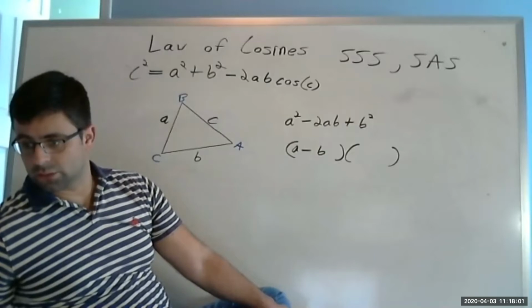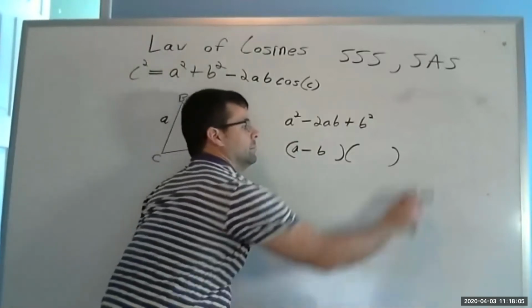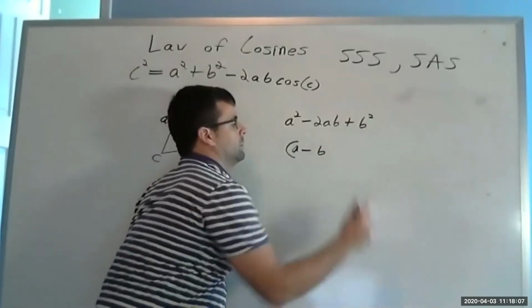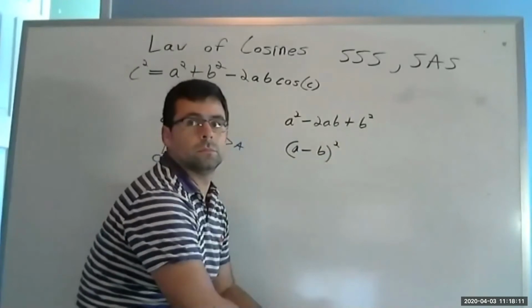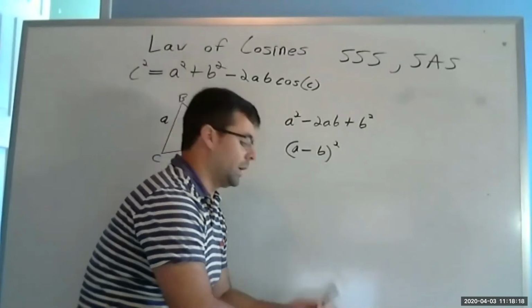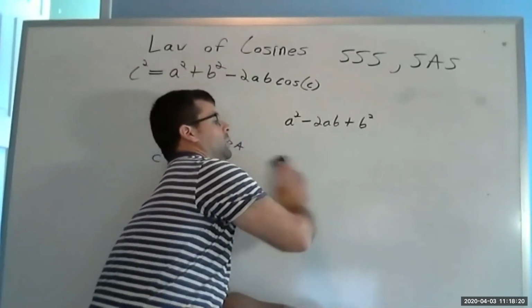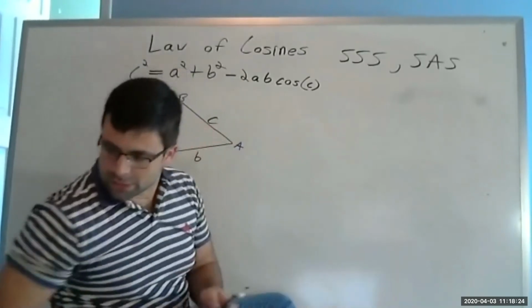So it's a minus b. So this is a minus b squared. But I guess we'll take a pause on going into where this comes from.